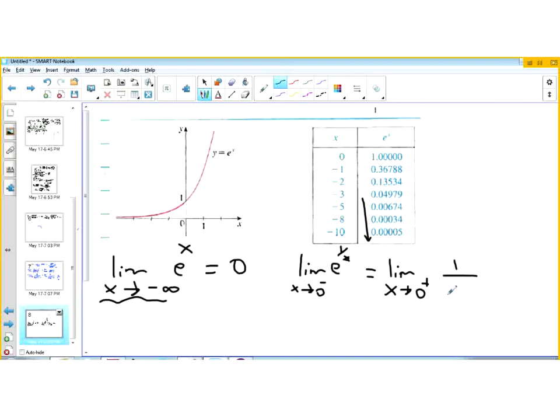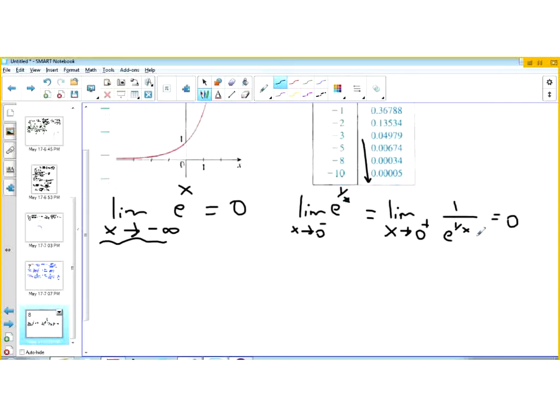I replace x with negative x, and then I approach from numbers bigger than 0. And of course, as x grows smaller and smaller, the exponent goes bigger and bigger, the denominator grows bigger and bigger, and so this becomes 0. All right, so that's one way of looking at it.